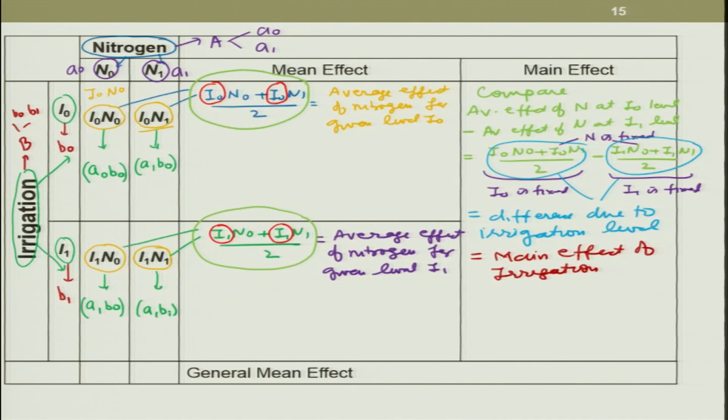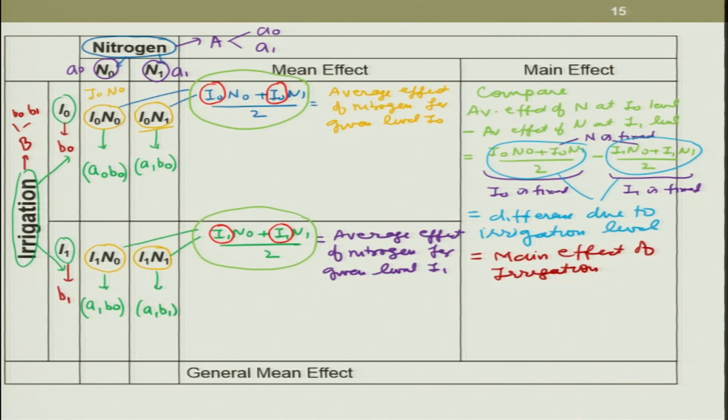Why am I doing it? Because later on I will convert this example into developing the theory. So, at that stage this notation A0, A1, B0, B1 will help us.